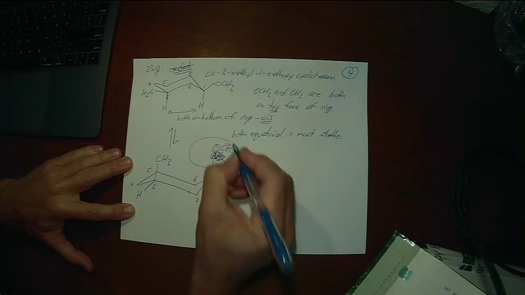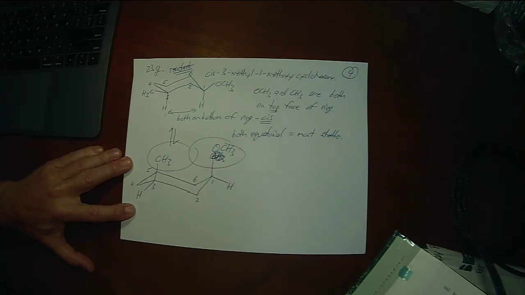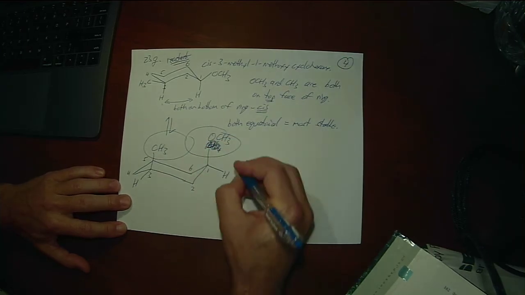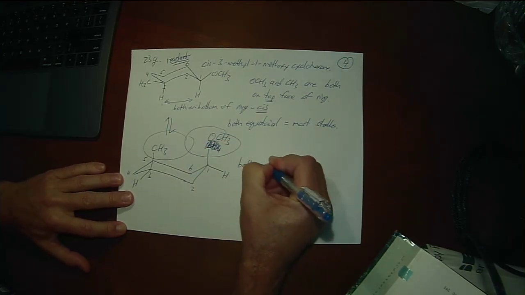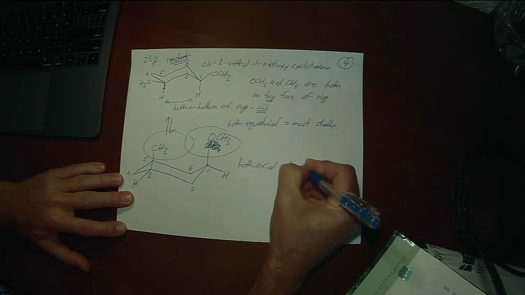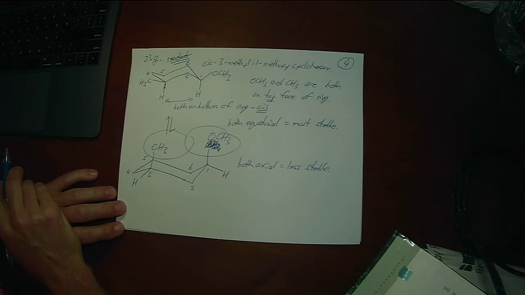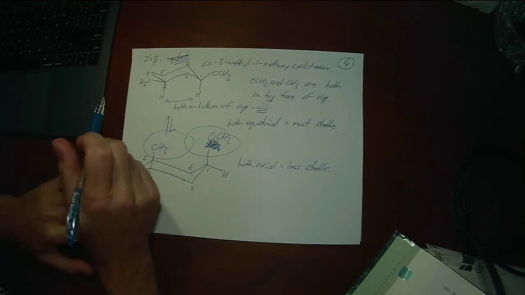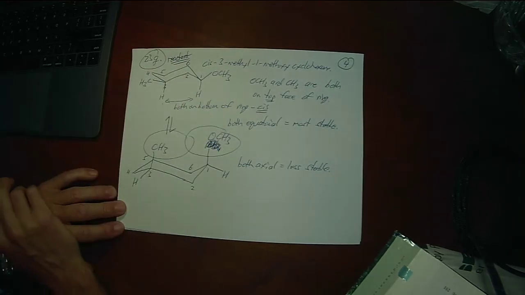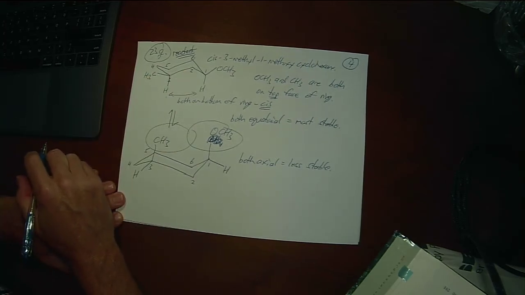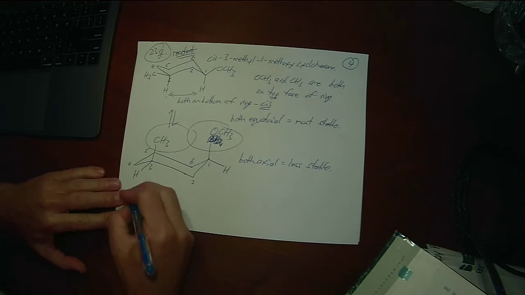So I've got a large group in the axial position here. I've got a large group in the axial position there. That's a lot less stable. So in this case, unlike A, the original drawing was the most stable form. So now we have to see how much energy it's going to cost us to switch from here to there.